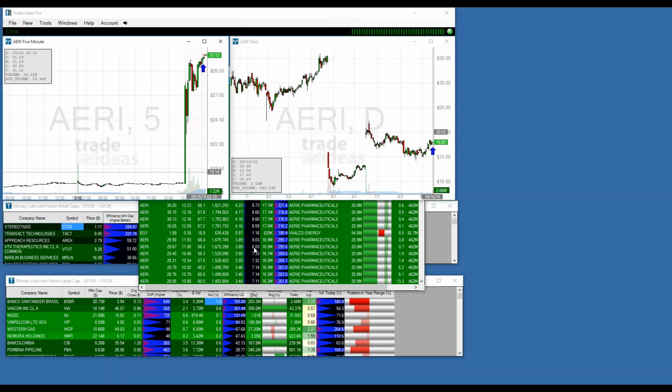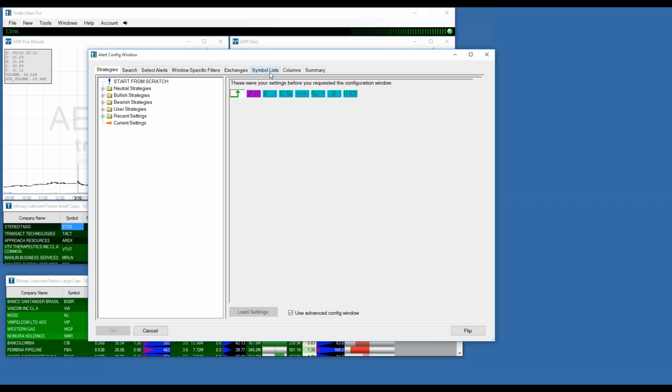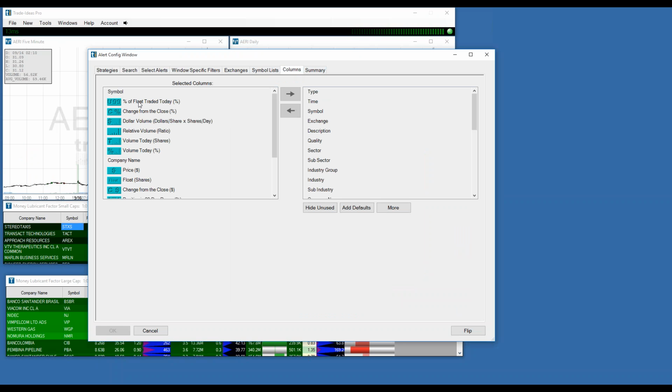Nothing but the crazy. I mean, isn't that exactly what you want to see? Let's fix these columns here. And again, you can very easily change your columns by coming over here. What I'm going to do is get rid of market cap, and get rid of these guys. I'll even get rid of the float because I don't need that.